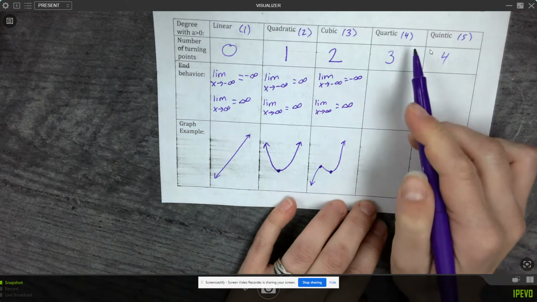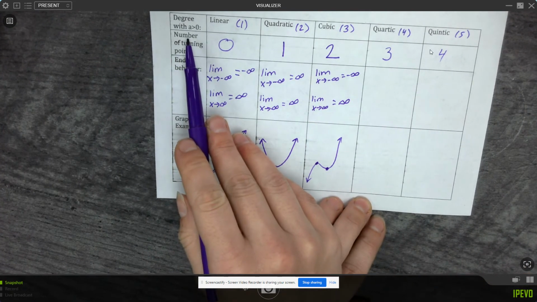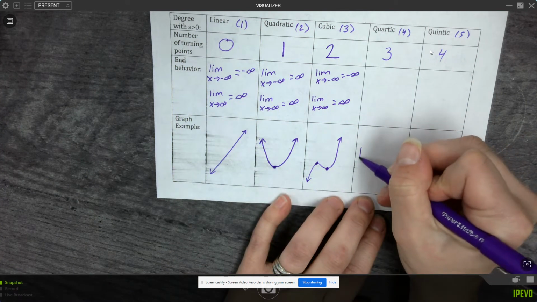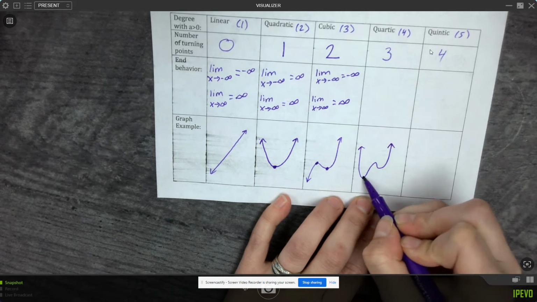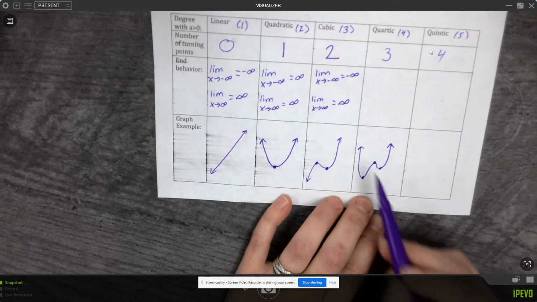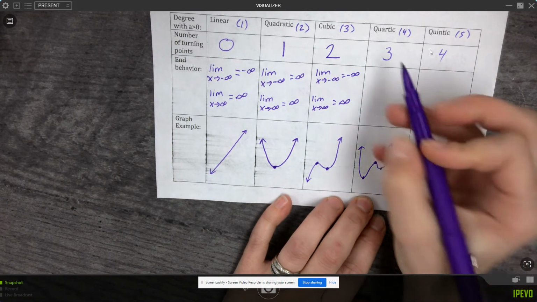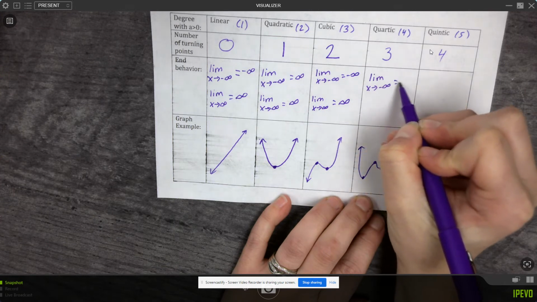Okay, quartic. 3 turning points. I want my a value to be greater than 0, so that's going to look something like this, where I have 1, 2, 3 turning points. And notice how both ends are going up. So this is similar to quadratic, where both of them are going to +infinity.